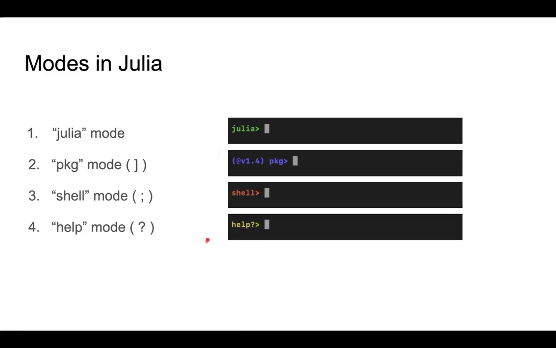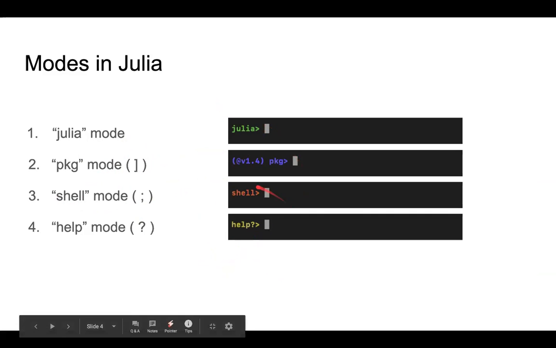This is not PKG specific. These are general Julia modes. The first mode is Julia mode, just normal Julia development. Then the PKG mode that I just told you about, and the shell mode. If you press semicolon in an empty Julia REPL, this will turn into shell mode. Now whatever command you write will run in your normal shell.